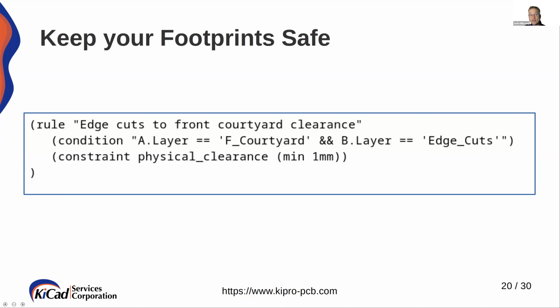And again, you can set additional conditions here if you want them 2 inches away from the edge cuts on the sides of your board, but only 1 inch away from the edge cuts on the top and the bottom of the board, for instance. These are additional conditions that you can set.